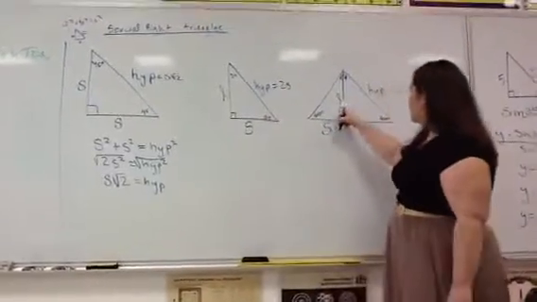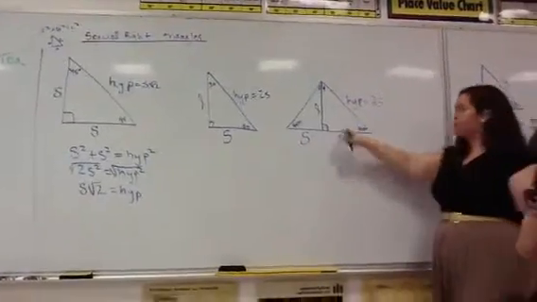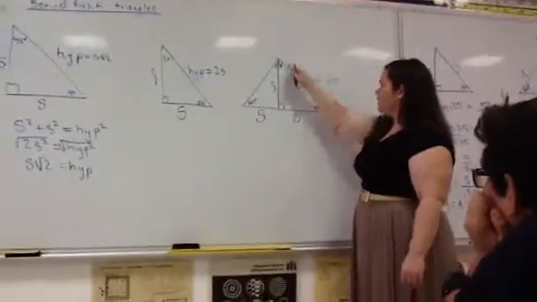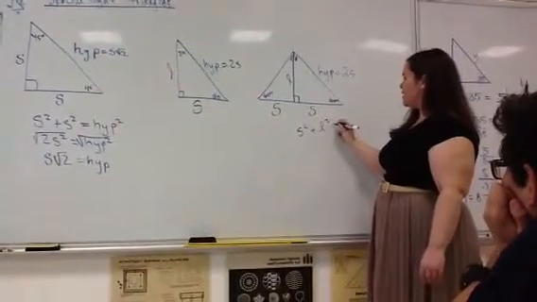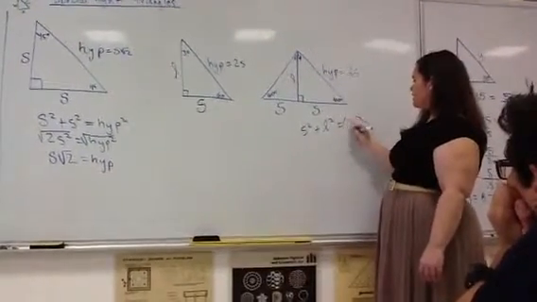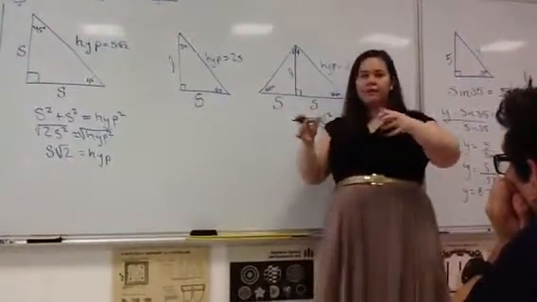Now we need to find the long leg based off of 2s and s. So we're just looking at this triangle here. s squared plus L squared is equal to 2s quantity squared, because we have to square the entire side.